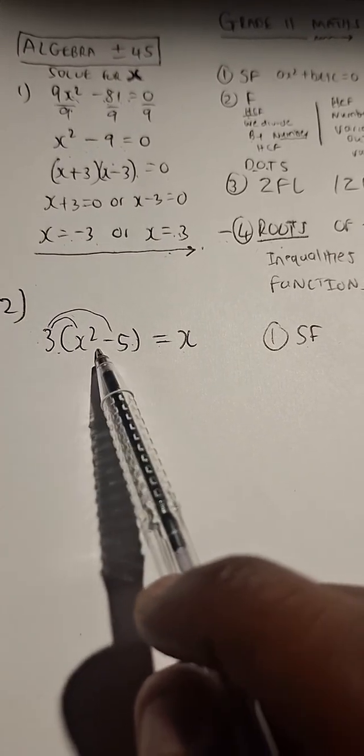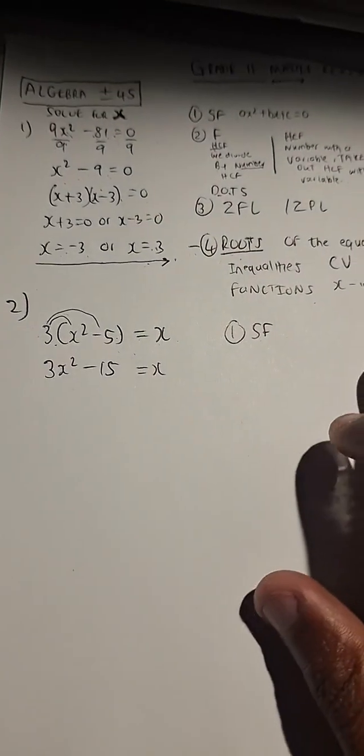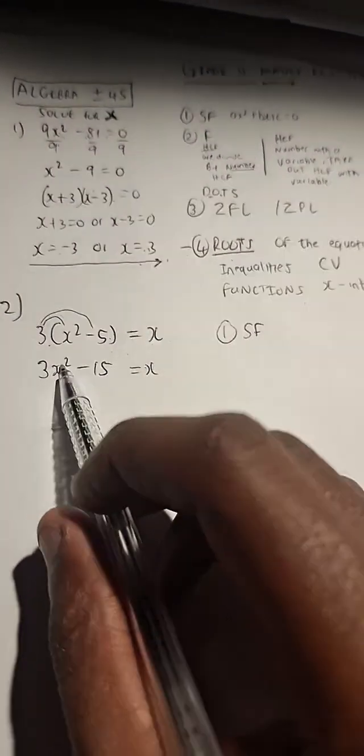I'm still starting. This is just the beginning. 3x squared minus 15 is what we get on the left hand side. This is equal to x on the right. So then after that, we are going to transpose the x because we want to get the equation in standard form.